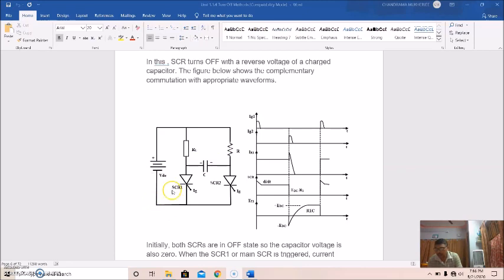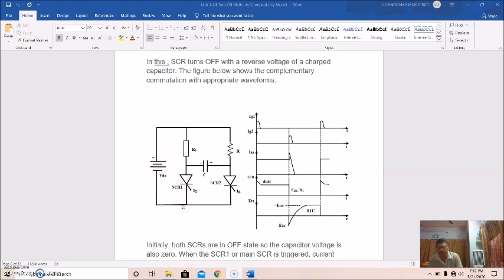At steady state, the capacitor is fully charged to the supply voltage with polarity as shown. This condition can be represented as thyristor 1 on, thyristor 2 off, and capacitor voltage equal to the supply voltage.